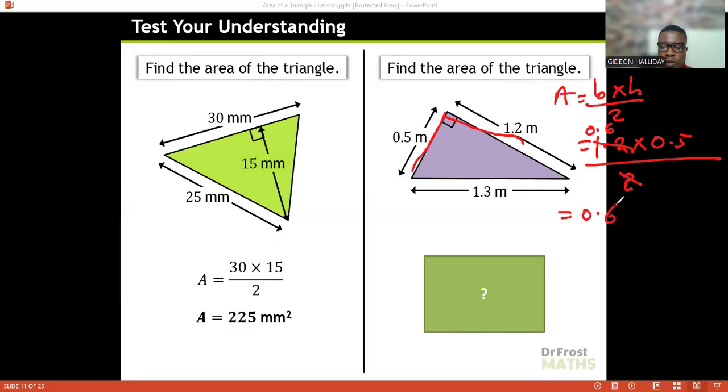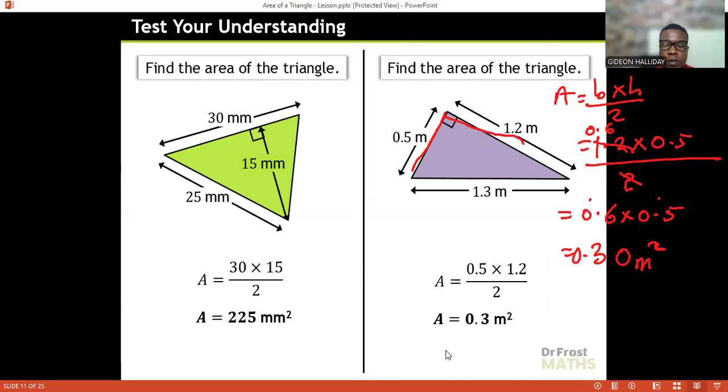So 0.6 times 0.5, you can treat them as if the decimals are not there. This is one decimal place, this is one decimal place also. So 6 times 5 is 30. Then two decimal places, so that would be 0.30 meters squared. Did you get it? That is it.